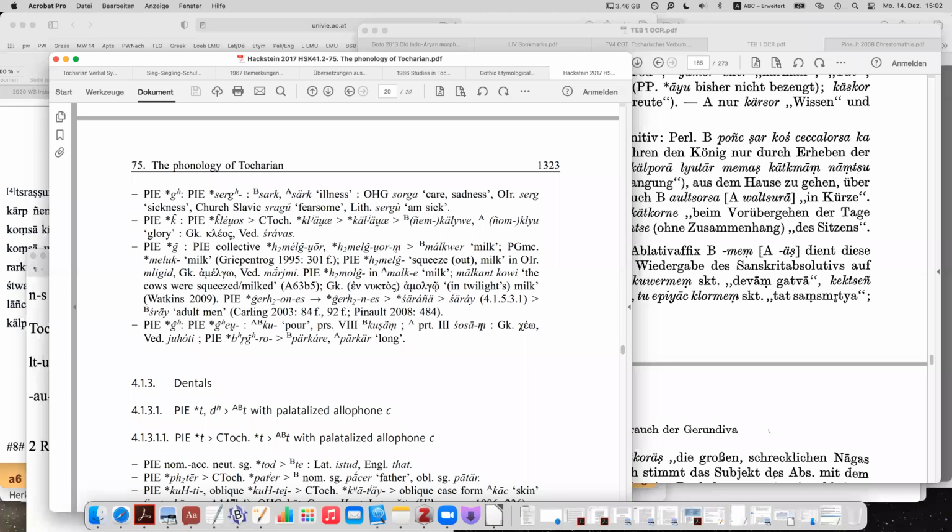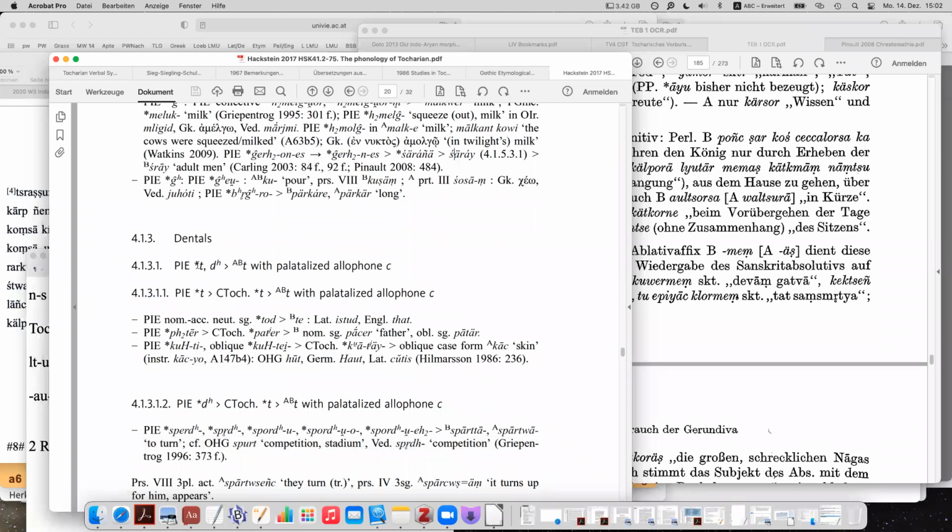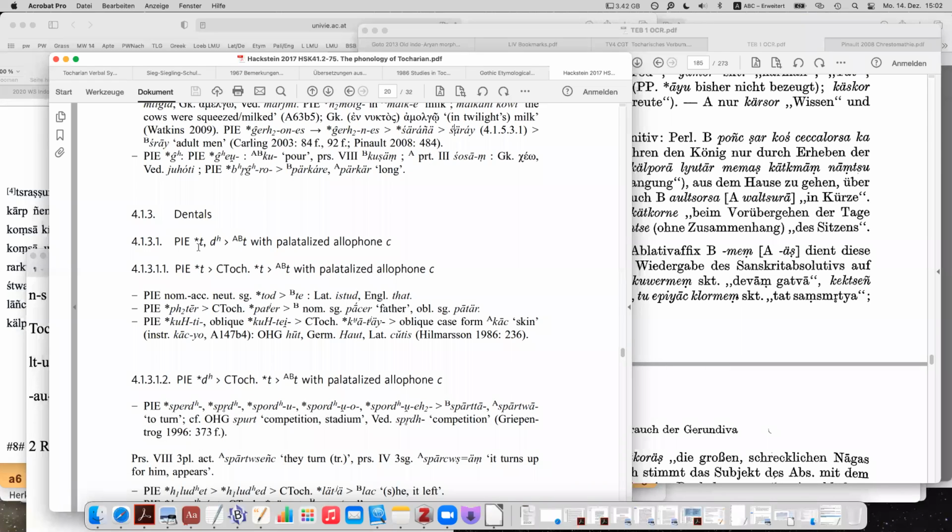Okay, so this is basically some historical phonology. And I have mentioned that the dentals can also be palatalized, right? We have in Proto-Indo-European 3 different kinds of dentals: t, voiceless, and dr, voiced with aspiration.